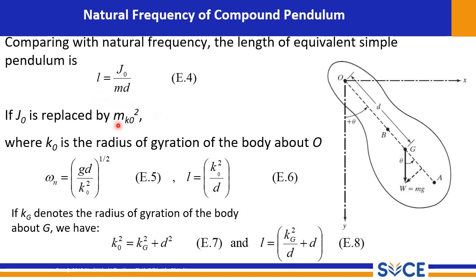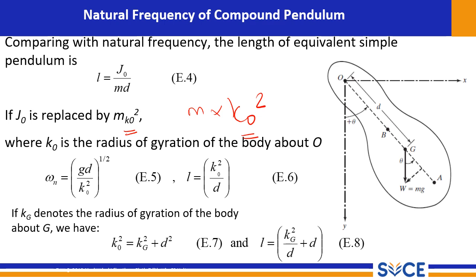Now let's introduce the radius of gyration, denoted as K naught. The radius of gyration is a measure of how the mass is distributed around a point or axis. If we replace J naught with M K naught square, that is, J naught is replaced by mass into K naught square, where K naught is the radius of gyration about the pivot point O, we can rewrite this equation.